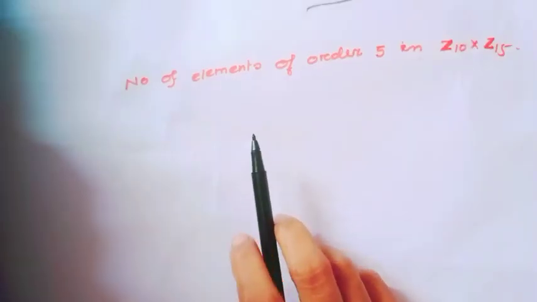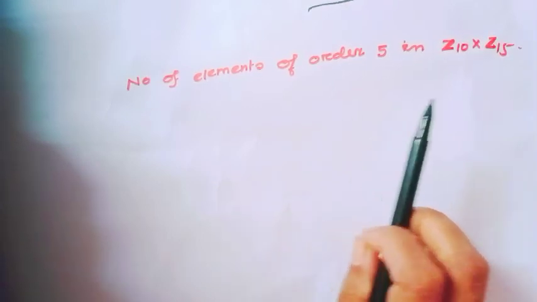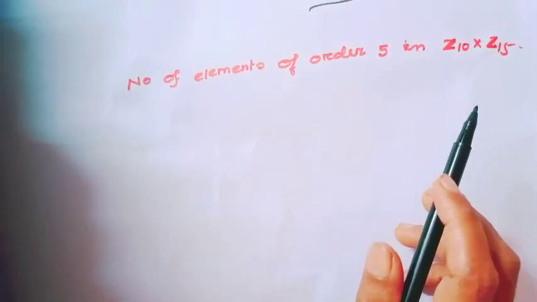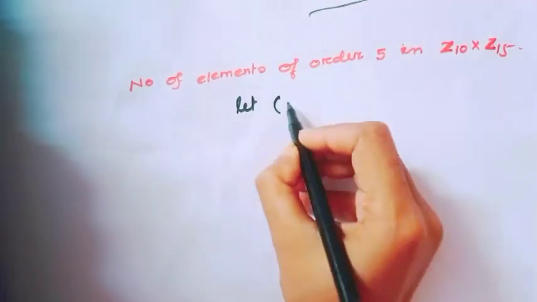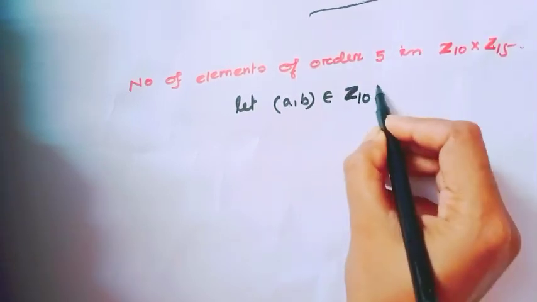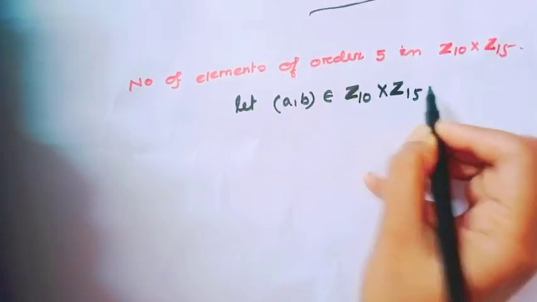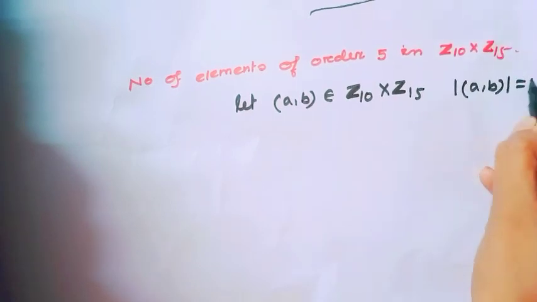Let's see one example. Number of elements of order 5 in Z10 direct product Z15. Let's consider an arbitrary element (a, b) in Z10 direct product Z15 such that order of (a, b) equals 5.